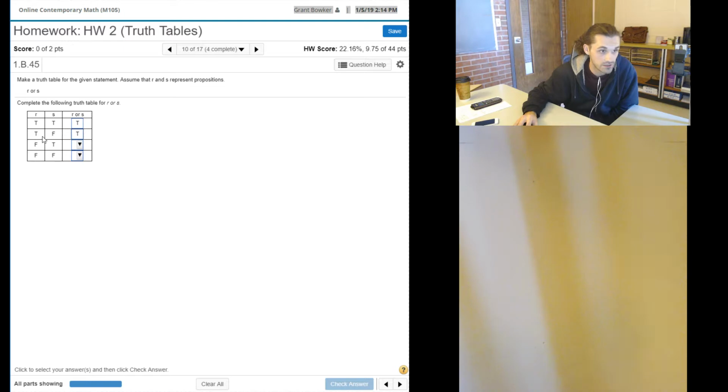Well, R being true is good enough for the OR statement to be true. In the third row, R is false, S is true, so the OR connector is true. Again, an OR connector says at least one or the other has to be true for the OR statement to be true. So, the only way for an OR statement to be false is if both pieces are false.